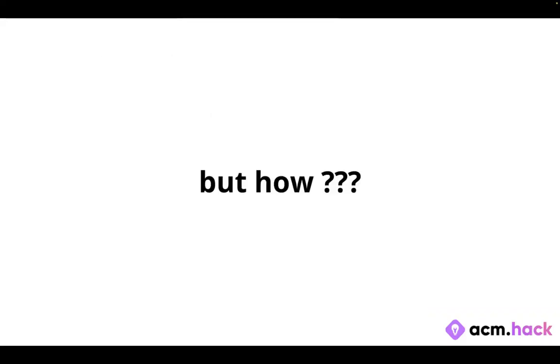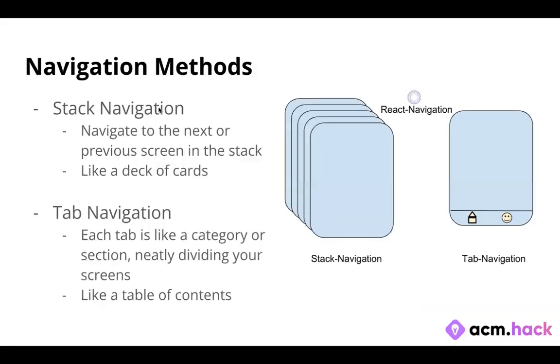So now you know what it would look like, but you might be wondering how we would do that. There are 2 main methods: stack navigation and tab navigation. Hopefully the pictures on the right make it a little clearer. Stack navigation basically lets you navigate to the next screen or the previous screen in the stack.